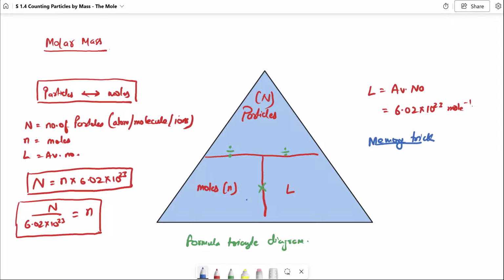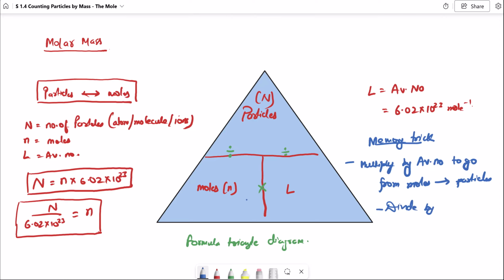Memory trick: multiply by Avogadro's number to go from moles to particles, and divide by Avogadro's number to go from particles to moles.